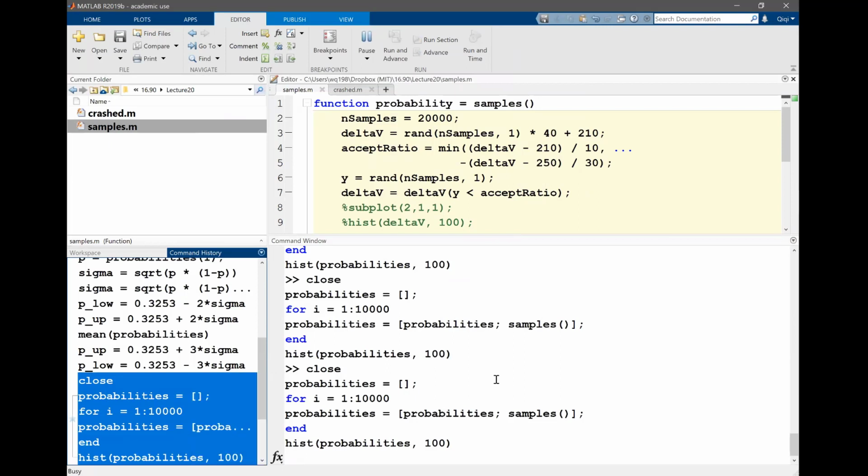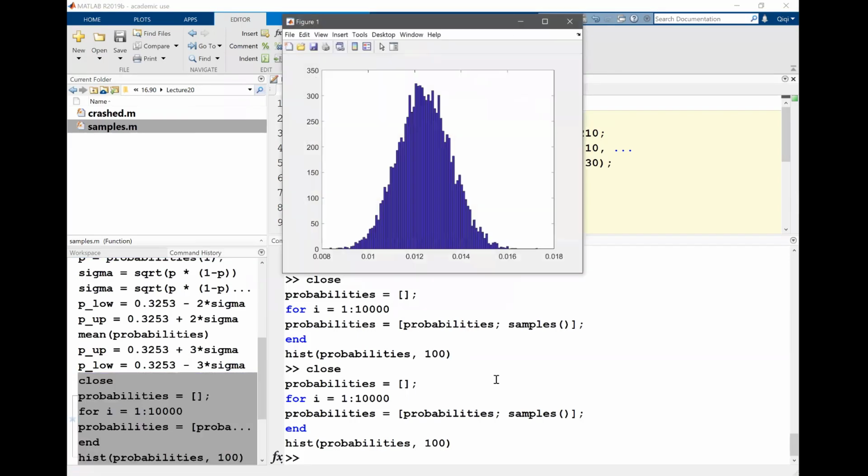It'll take a little bit longer because I increased the number of samples by a factor of 10. Hopefully the runtime is also a factor of 10. Now we get something a lot more similar to a normal distribution, right? So this is what the central limit theorem tells us: as you increase the number of samples, the average of the results of these samples is going to approach a normal distribution.